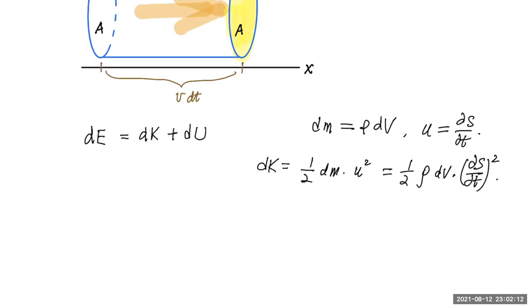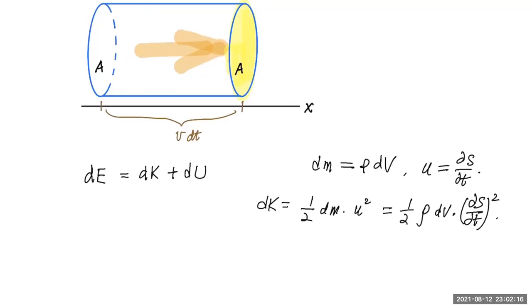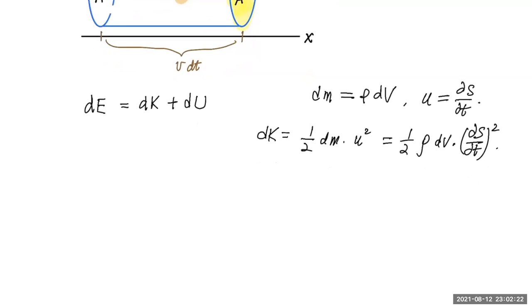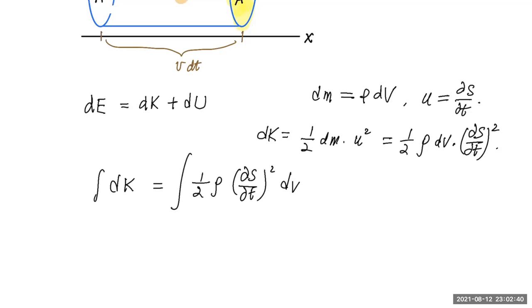And so what is the total kinetic energy of all the oscillators within this region? Well, then I would have to integrate over dK. So when you integrate over dK, what do you get? You will get 1/2 rho (partial s, partial t) squared, and then you have to integrate over dV. Okay.